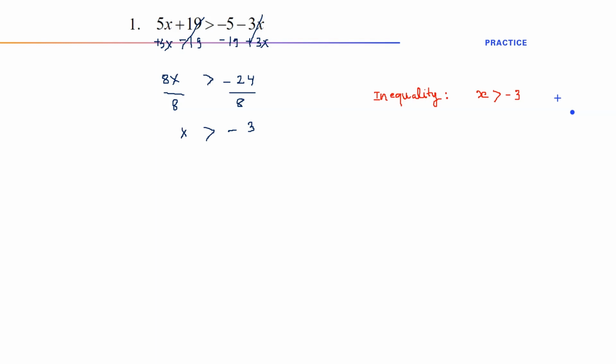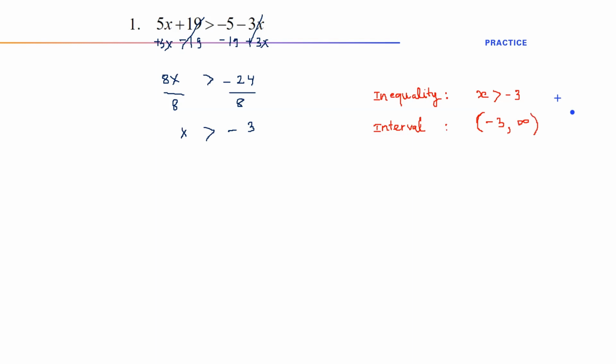And if they ask you to provide interval notation for the answer, you will have to write open parenthesis, negative 3, comma, positive infinity.